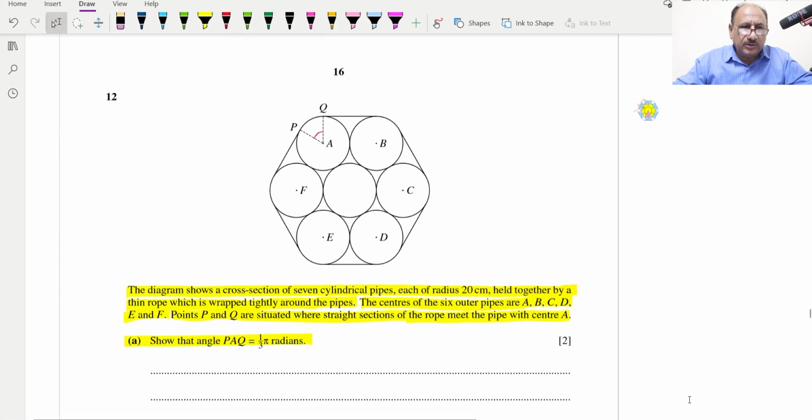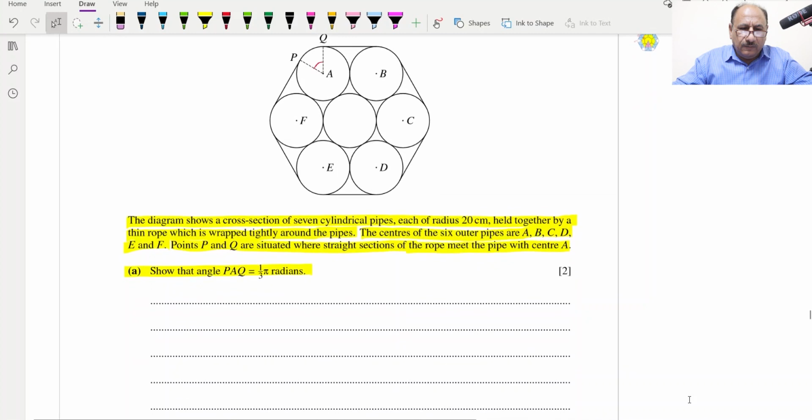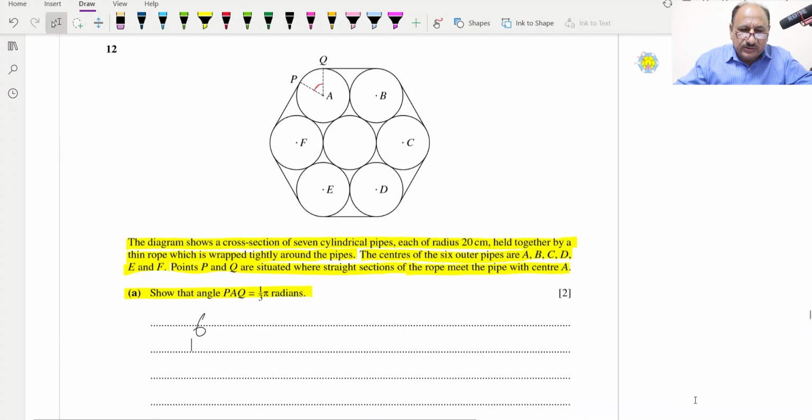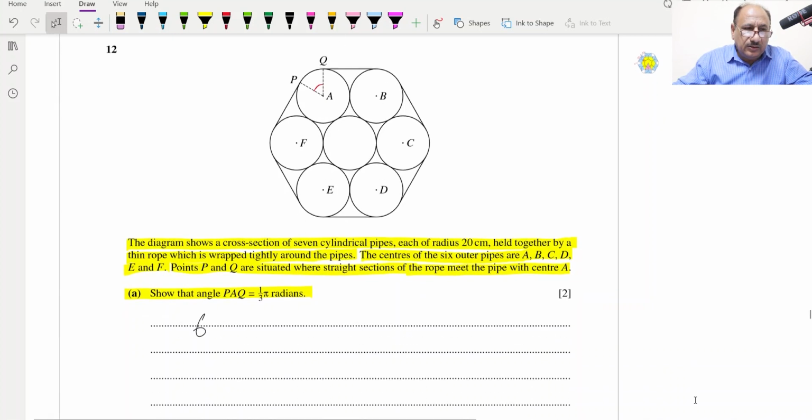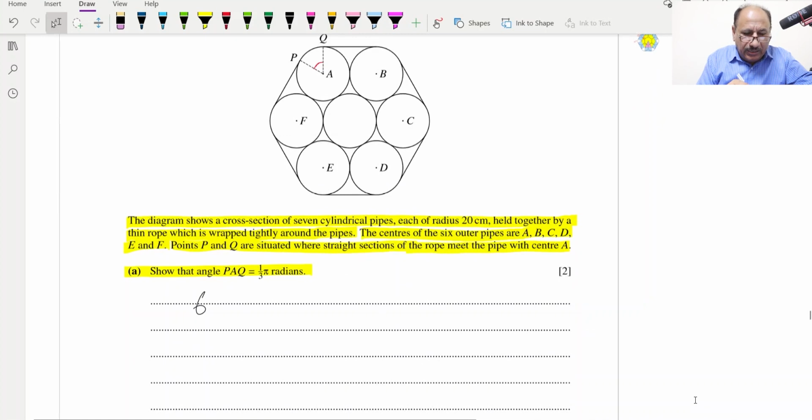Angle PAQ we can find if we take 6 times these angles. This is basically the sixth portion of the circle, so 6 times angle PAQ, the angle at A, will be equal to 2 pi, which is the complete circle.